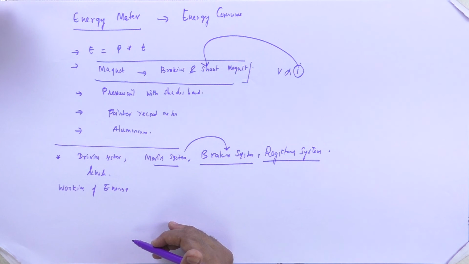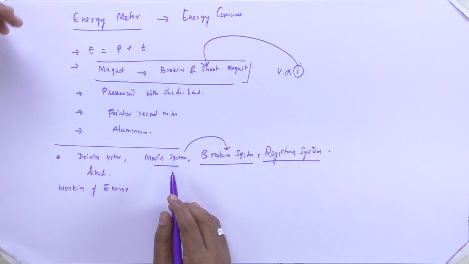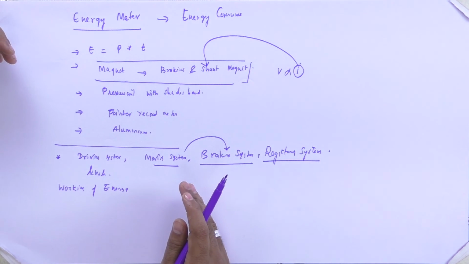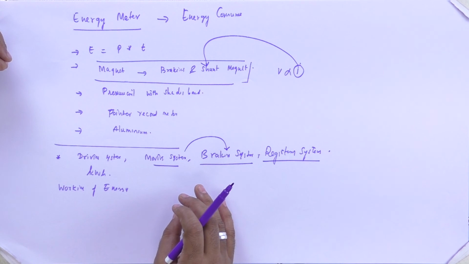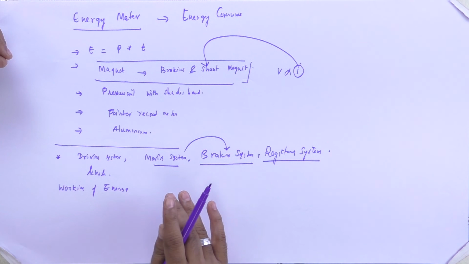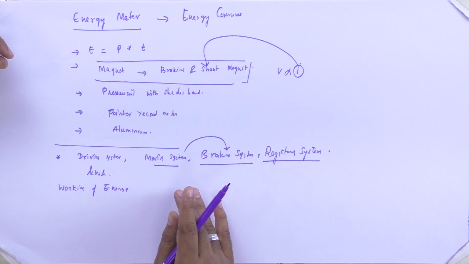The shunt magnet is placed on the upper side, which forms the driving system, and the series magnet is placed on the lower side of the system. The shunt magnet has the pressure coil, while the series magnet has the current coil.